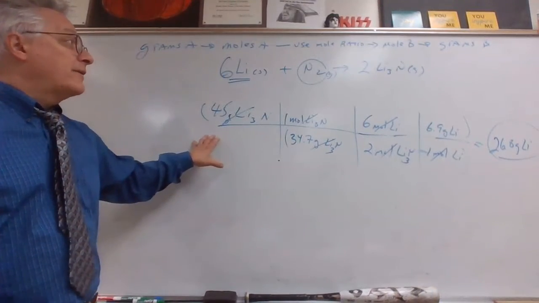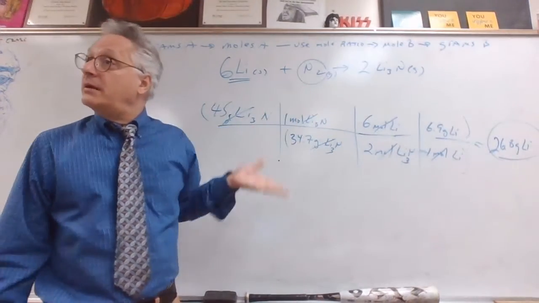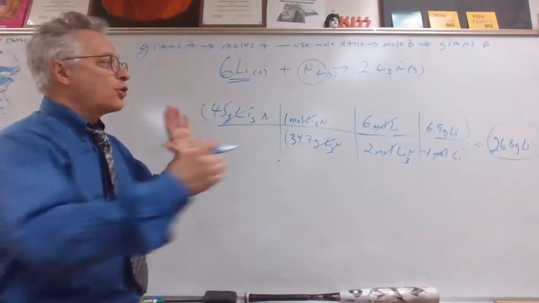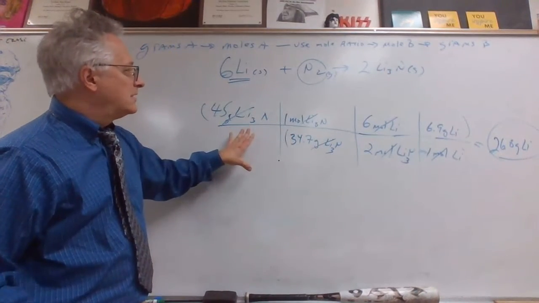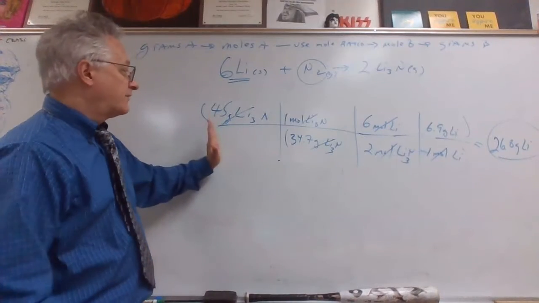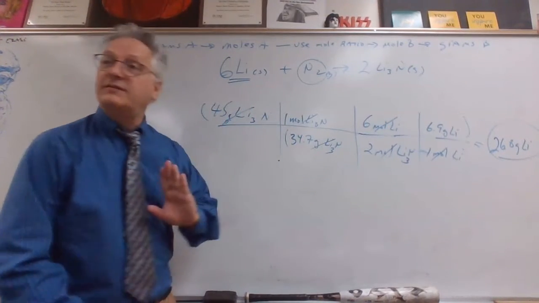We could also figure out how many grams of nitrogen we would need. That would be another question. Let me show you that. Like I said, stoichiometry allows us to compare anything. So the first couple of steps here could be the same, because the first step is converting lithium nitride grams to moles of lithium nitride.